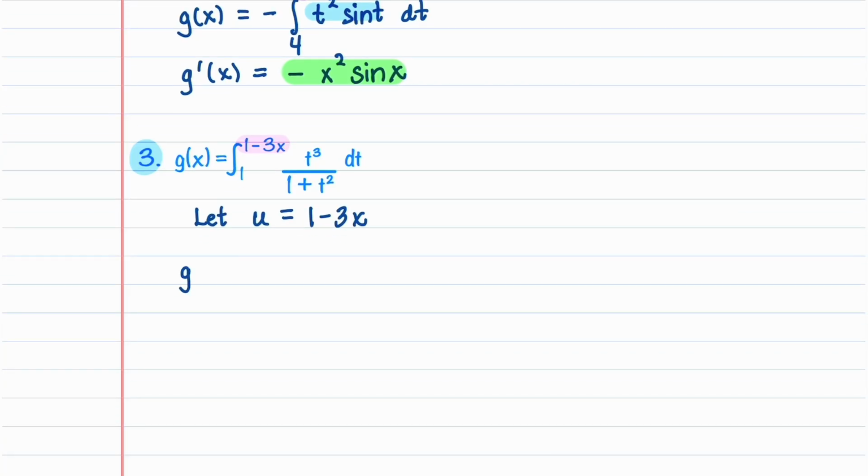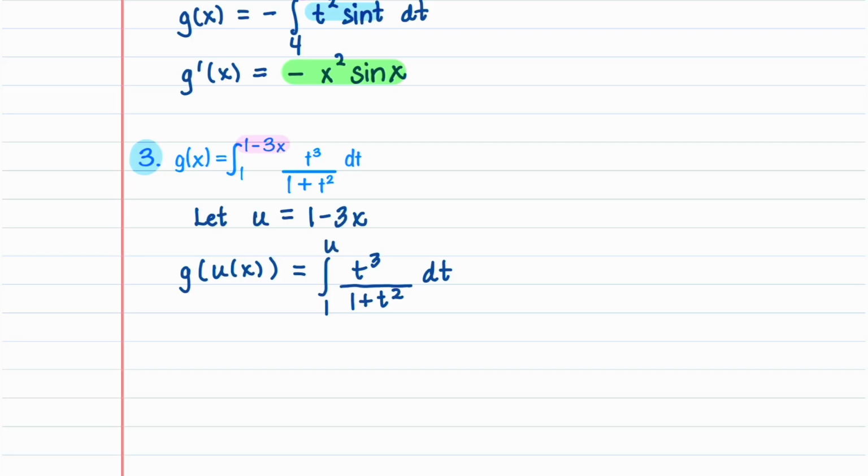So g of x is now g of u of x, the integral from 1 to u of t cubed, all divided by 1 plus t squared dt. If you're thinking, I think I've done something like this before, think about the chain rule.